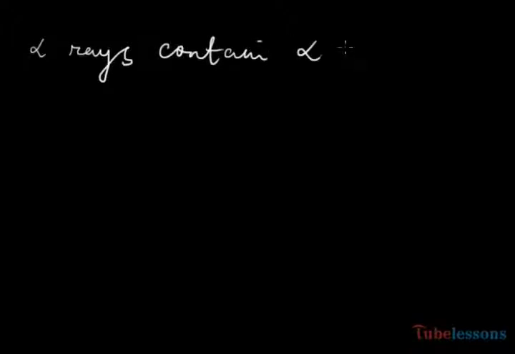Alpha ray is a combination of alpha particles. One alpha particle is analogous to a helium nucleus. An alpha particle consists of two protons and two neutrons. Alpha rays contain alpha particles. Now, what is an alpha particle?